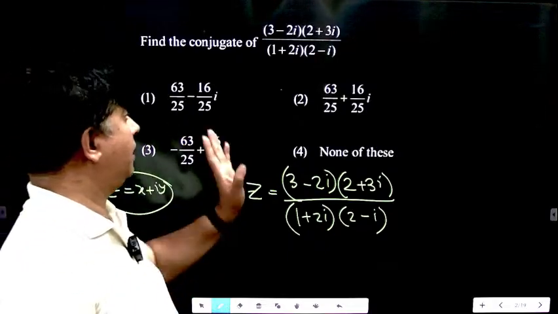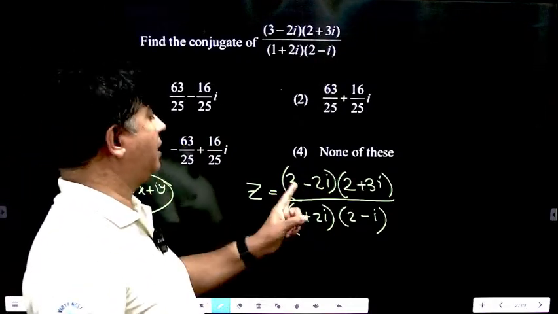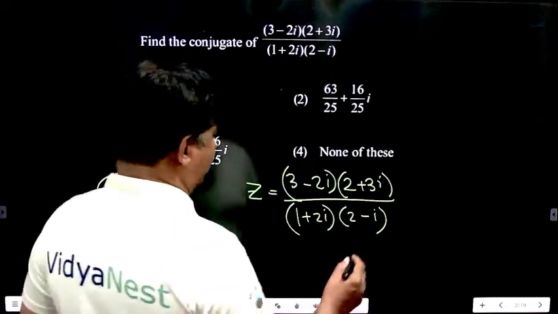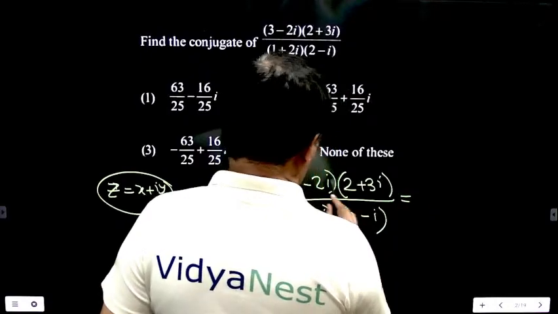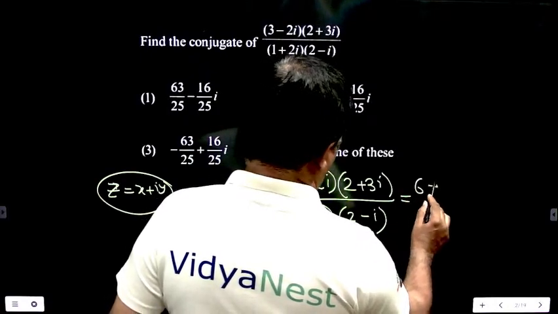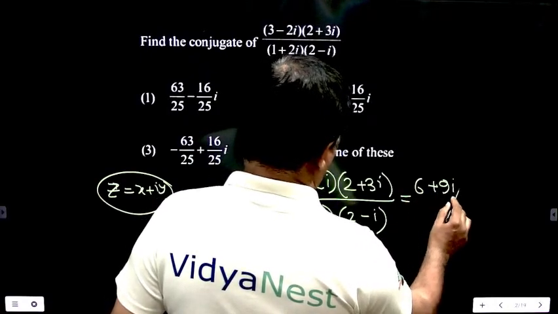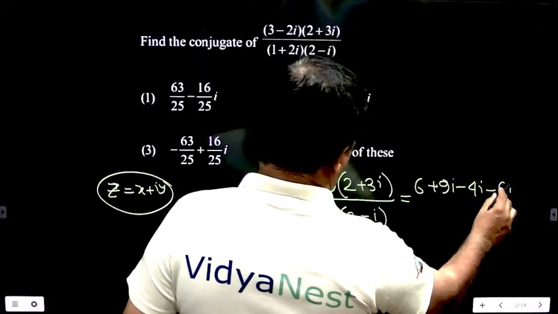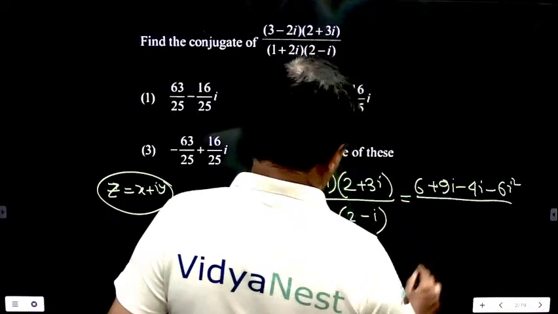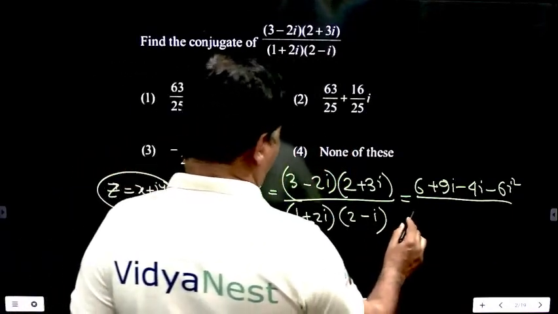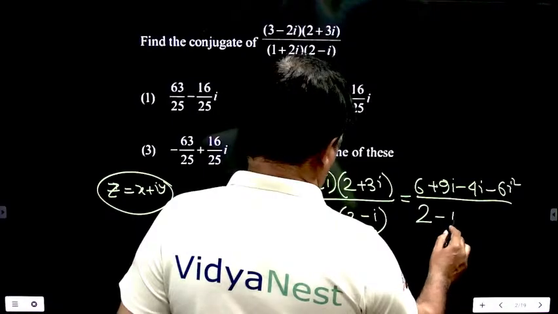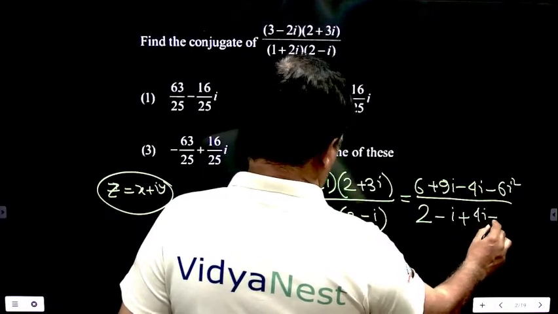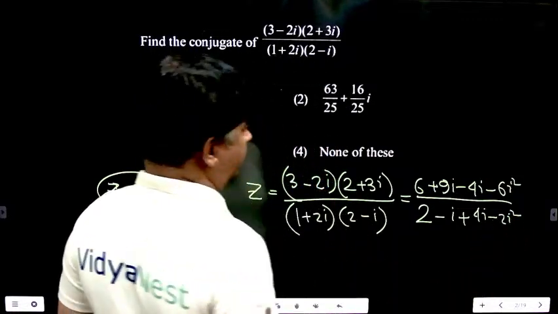first of all, how to simplify it? Better you remove the brackets by multiplication and see the outcome. 3 into 2, 6 plus 9i minus 4i minus 6i square. Here 2 minus i plus 4i minus 2i square.